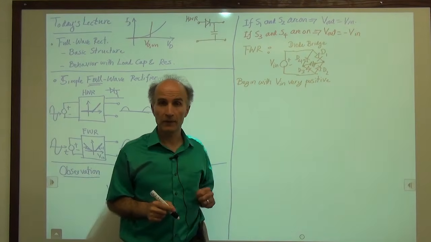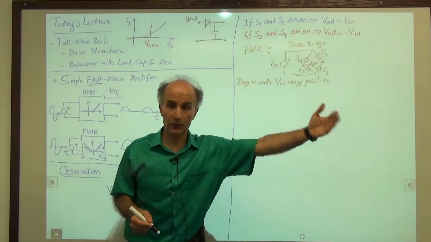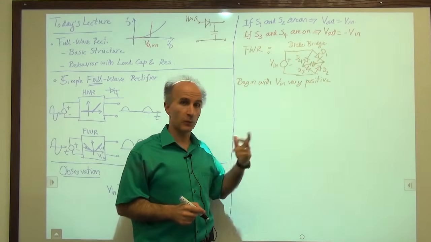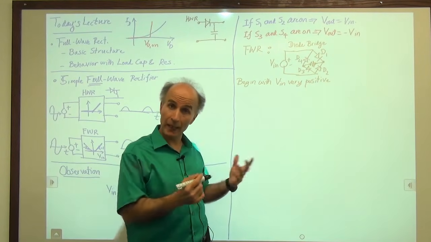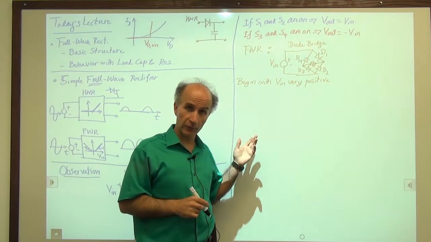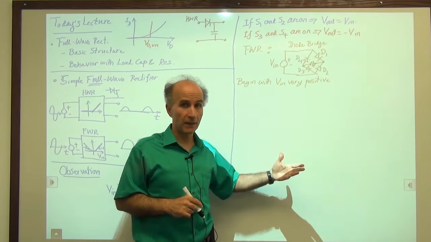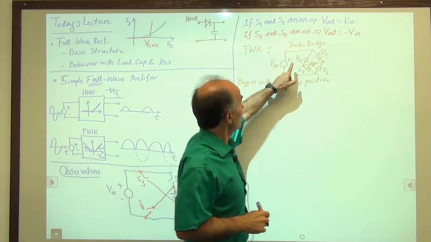Well, we have 4 diodes. As usual, when Vin is very positive, so let's say plus 10 volts, we need to decide on the state of the diodes. Which ones are on, which ones are off? Well, we don't know, or can we guess? Well, let's look at the circuit carefully and see if we can guess. If we can guess, our life will be much easier. So here's what I'm thinking. We start from here.